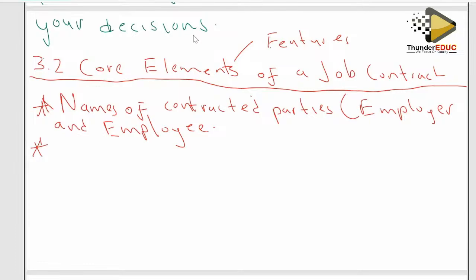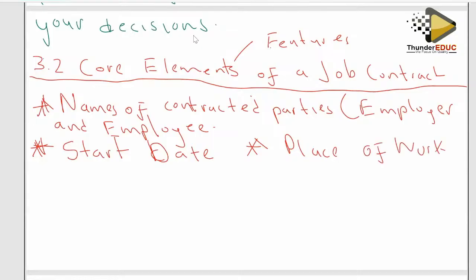In addition to that, there is need for a start date. When does the contract commence? When does it start? And in addition to that, there is also the place of work.